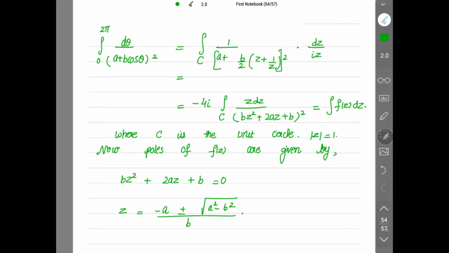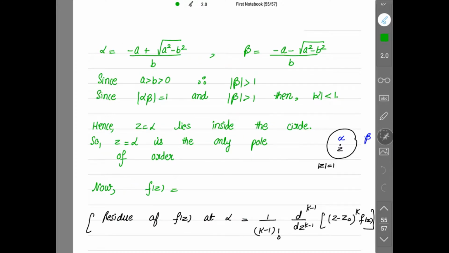Now take one of the roots as your alpha and the other root as beta. So alpha is minus a plus square root of a square minus b square by b, and beta is equal to minus a minus square root of a square minus b square over b. So these are your two roots, and these two roots are nothing but the poles of f z.